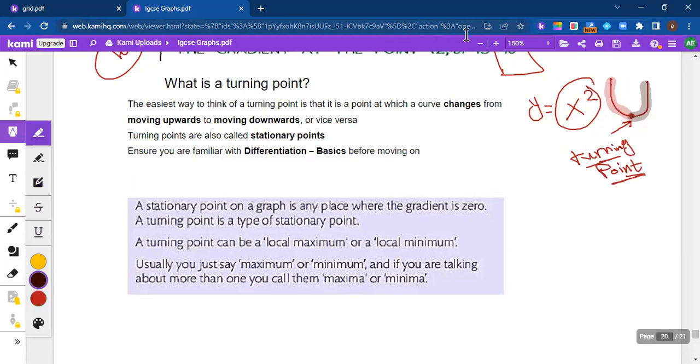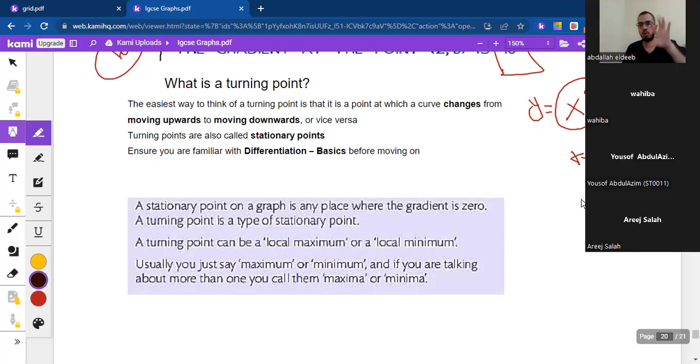This is called the local maximum or the local minimum or the stationary point, or the maxima or the minima. Any word from these words, you have to find dy by dx.